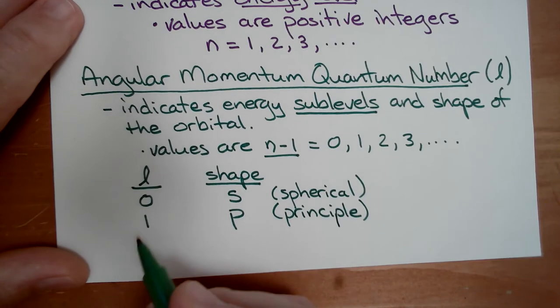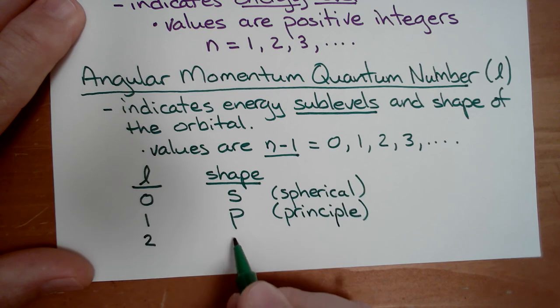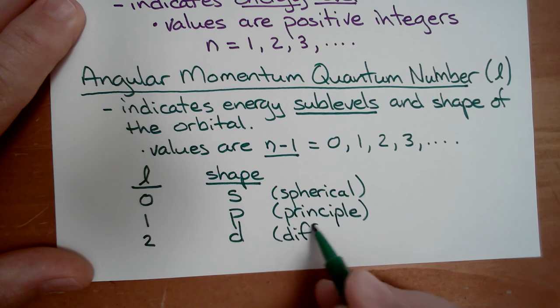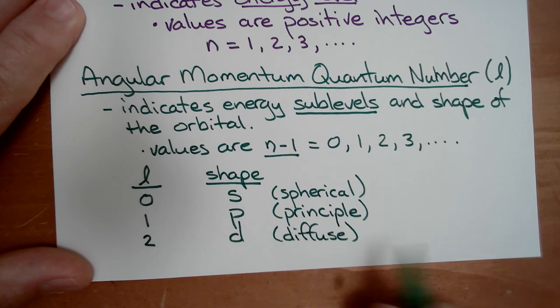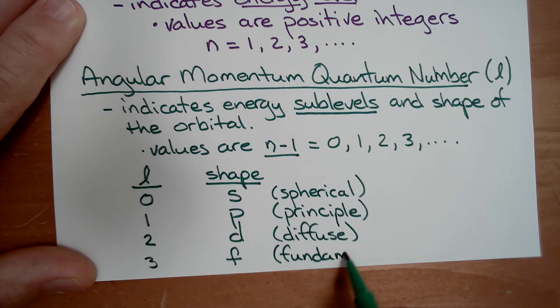Then if you have an angular momentum number of 2, that's a D sublevel from diffuse. And then if you have a quantum number of 3, that's an F. So you have S, P, D, and F. F comes from the word fundamental. Has nothing to do with the shapes, just that's where we get the names.